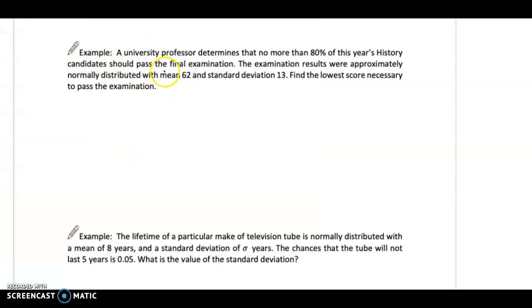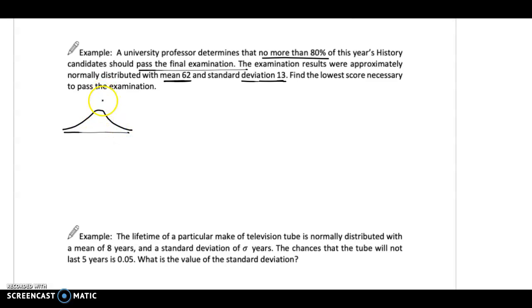What we have here is a university professor who determines no more than 80% of this year's history candidates should pass the final exam. The mean is 62 and the standard deviation is 13. Great. I'll draw a little picture to make sense of it.